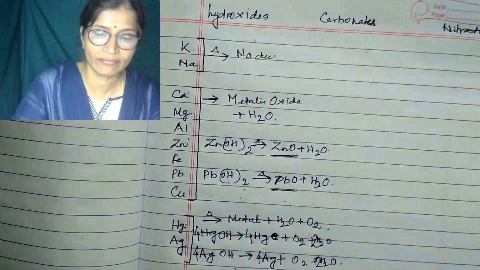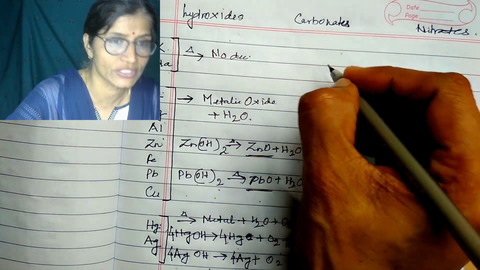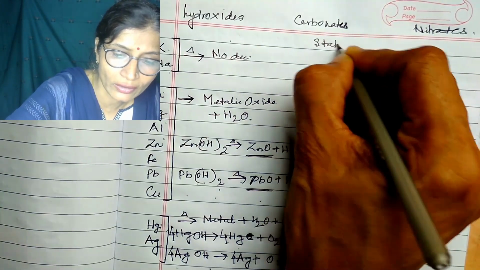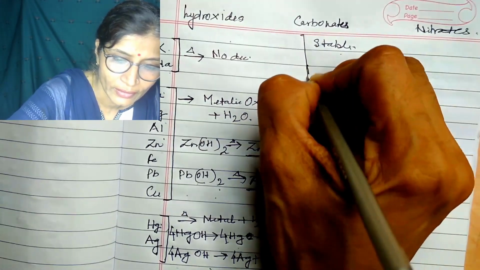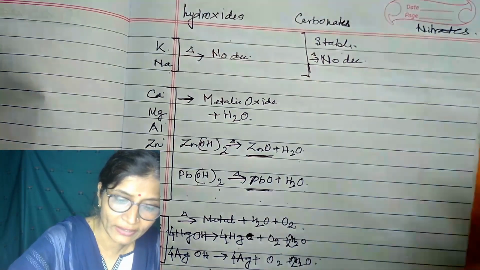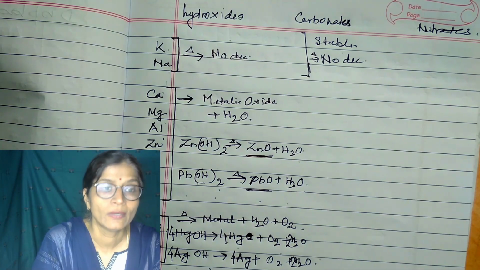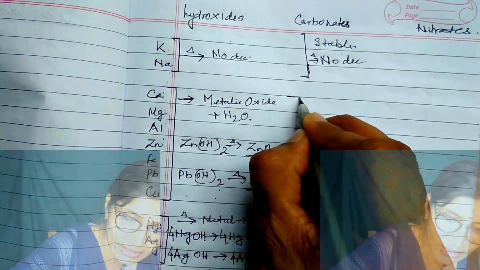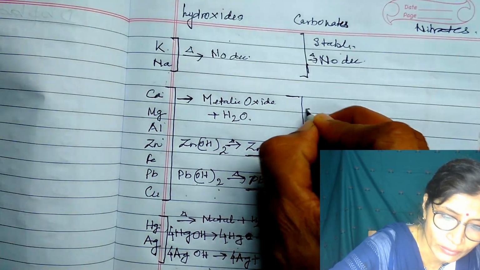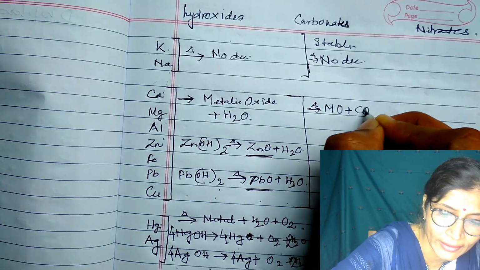Now the next one: what happens when carbonates are heated? Carbonate salts of potassium and sodium are also stable. They will not decompose when heated. But when the carbonates of the other metals are heated, they will give metallic oxide, MO, plus carbon dioxide.